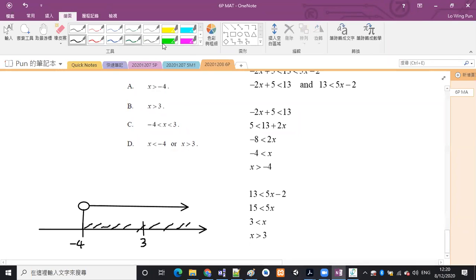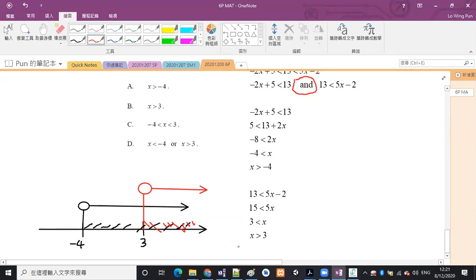And for the second one, let me use red, okay, and we will draw a stem here. And then draw a hollow circle. And the arrow is again pointing to the right. Okay, and then shade the shadow. And for the keyword is and.